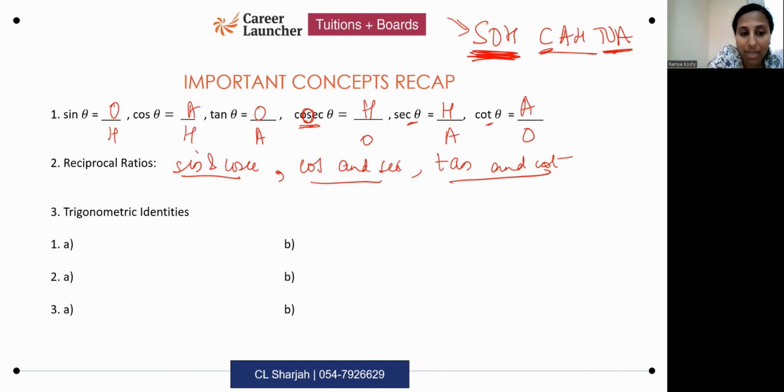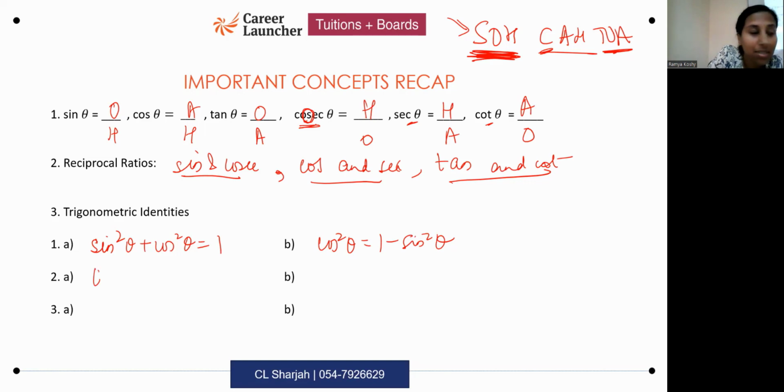Now, trigonometric identities. You have sine square theta plus cos square theta equals 1. Another form of writing this is cos square theta equals 1 minus sine square theta, or sine square theta is 1 minus cos square theta.